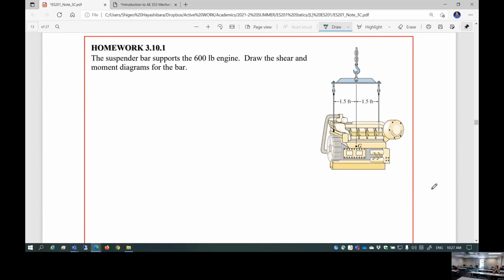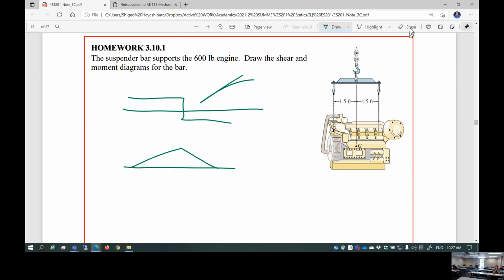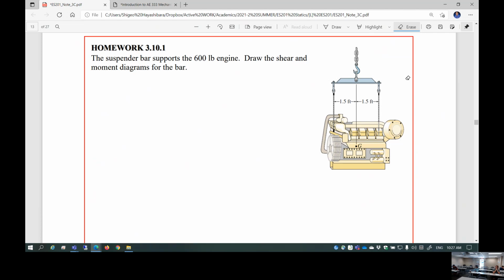This is actually much easier because the load is right in the center. You can almost draw the diagram, but you're supposed to do that by looking at your handout and trying to construct this.